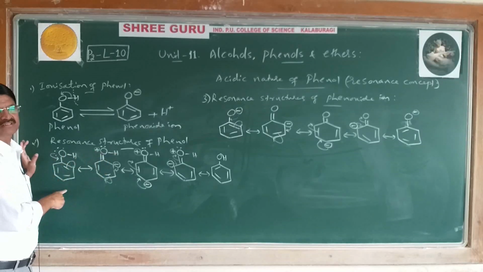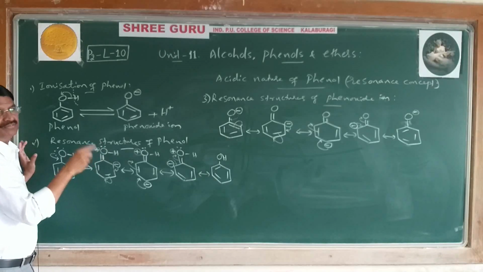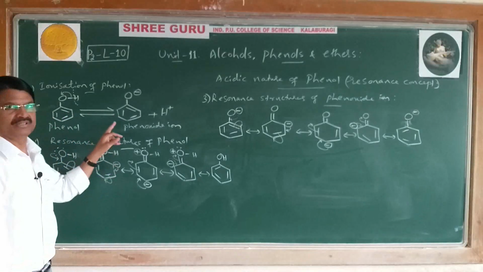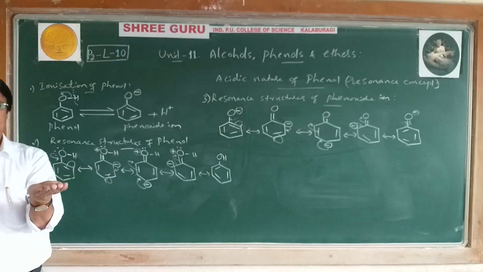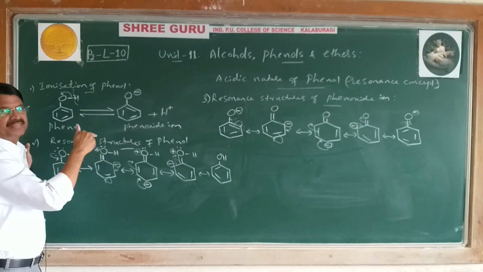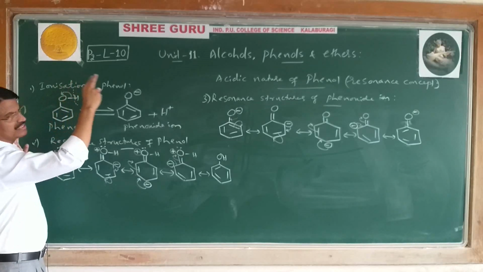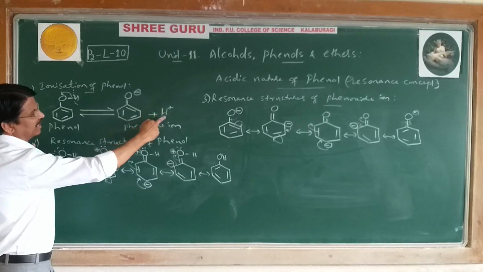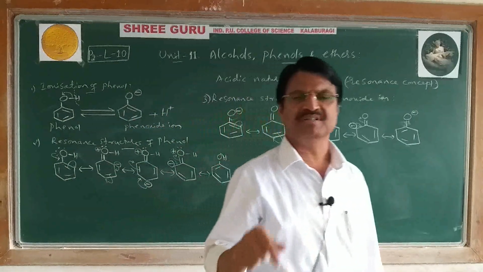Because of this reason, phenol is said to be less stable than phenoxide ion. If the product ion is more stable, then the rate of backward reaction is less, and hence the forward reaction is favored. Therefore, if the forward reaction is favored, hydrogen ion concentration increases. Therefore, phenol is said to be acidic in nature.